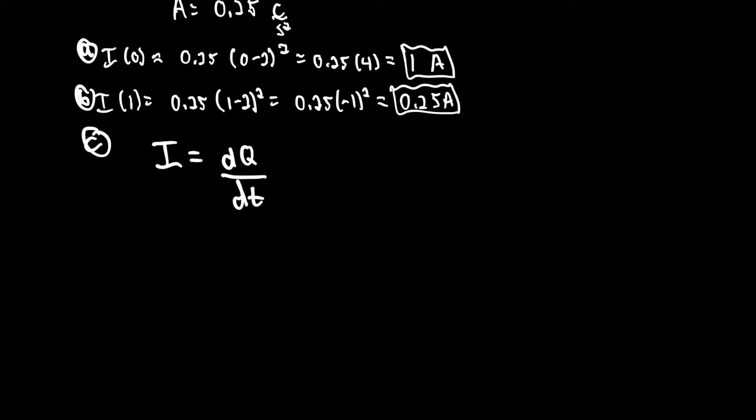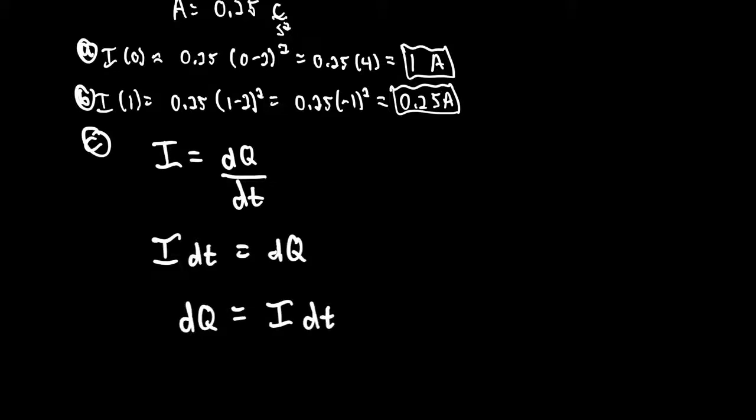So I multiply both sides by dt, and I get I times dt equals dq. So let me just shuffle those over: dq equals I dt.